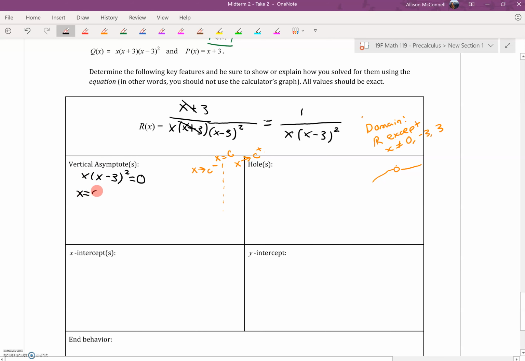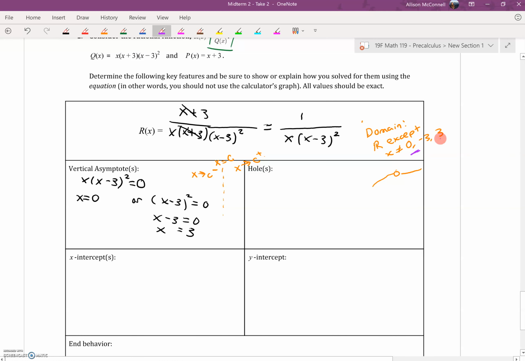In this case, x is equal to 0, or x minus 3 squared is equal to 0. Well, x equals 0 is done, we don't even have to do anything. Now, notice if we square root both sides, we end up with x minus 3 is equal to 0, and so x is equal to 3. These are the x values that we cannot use.